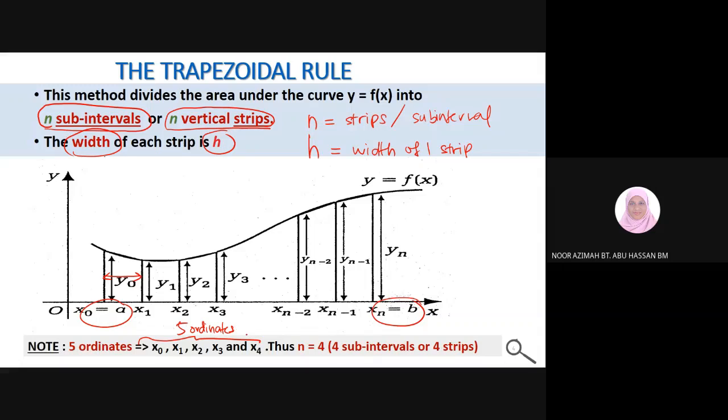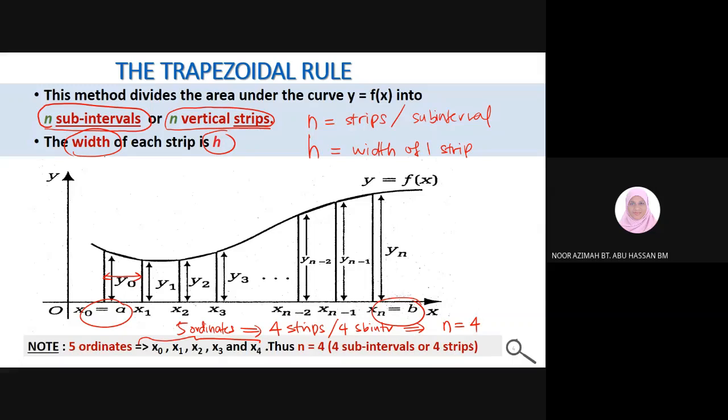We should only have 4 strips. 5 ordinates is equivalent to 4 strips or 4 subintervals, meaning that n is 4.